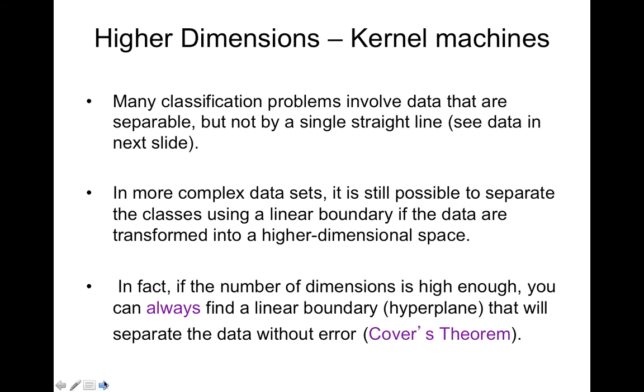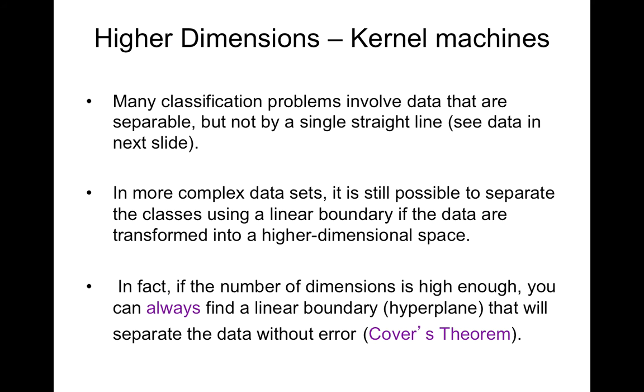Now it is possible to do higher dimensional separation, in other words, nonlinear separation. The classic way to do that is to use a kernel machine. What the kernel does is the kernel basically transforms your data into a higher dimensional space.